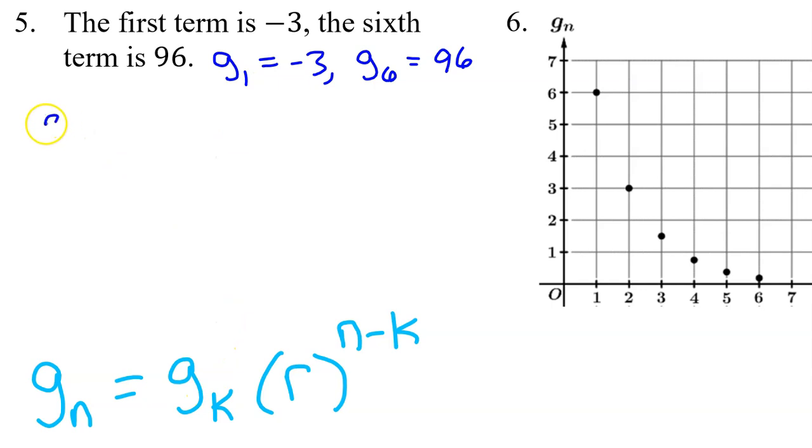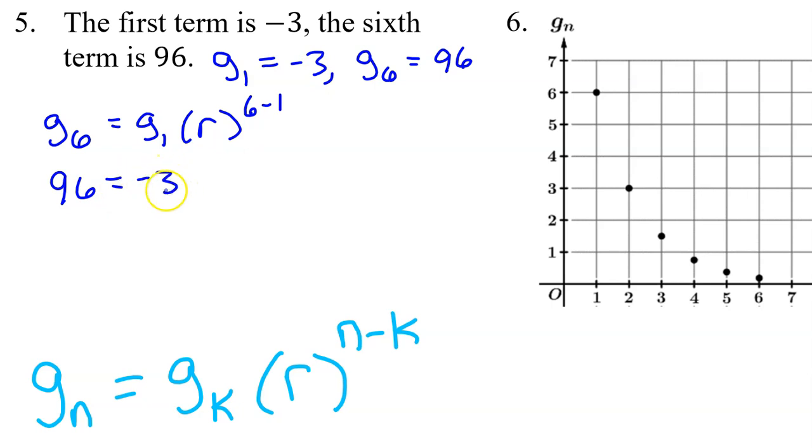So we will get G6 is equal to G1 times r to the n minus k power. So that'll be the 6 minus 1 power. G6 is 96. So we have 96 is equal to G1, which is -3. And then this will be r to the 5th power.